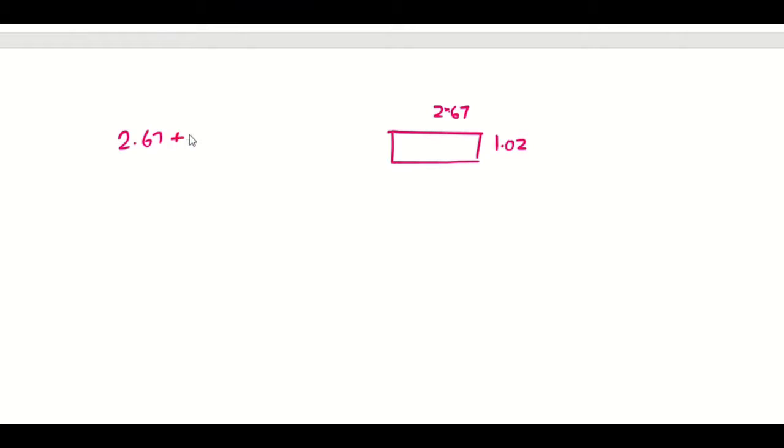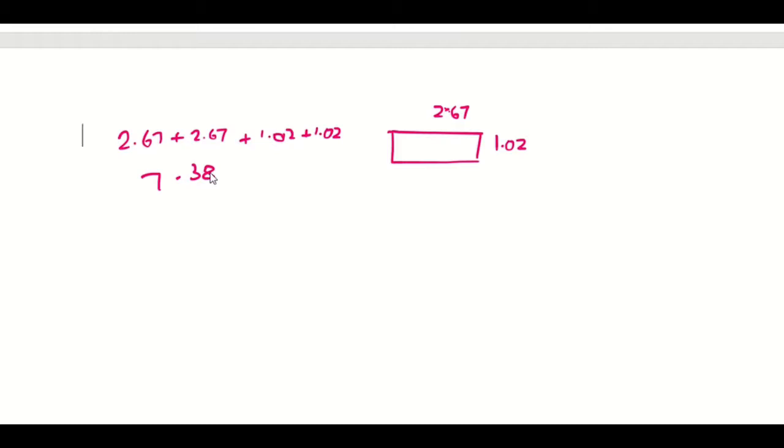So it's 2.67 plus 2.67, these would be the two sides, and 1.02 plus 1.02. Well, we can just do this sum. It comes to 7.38.